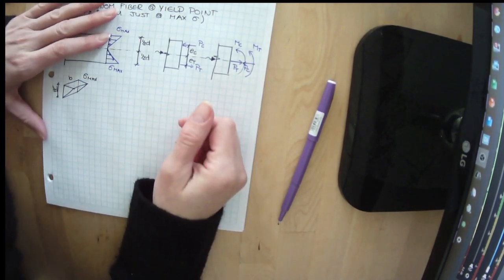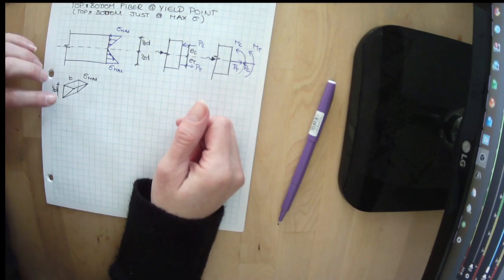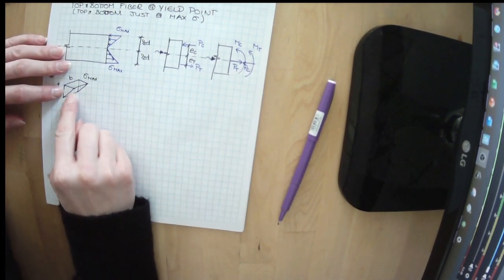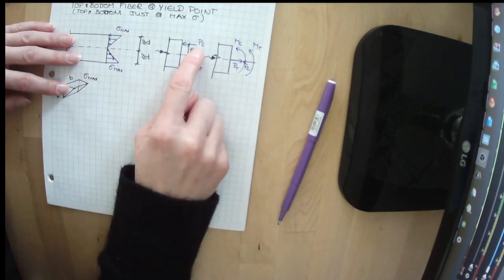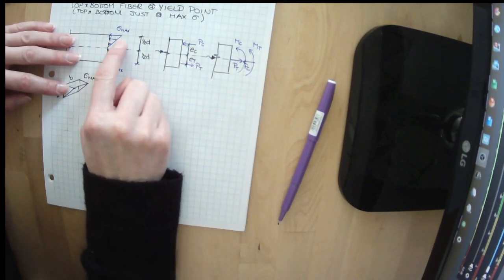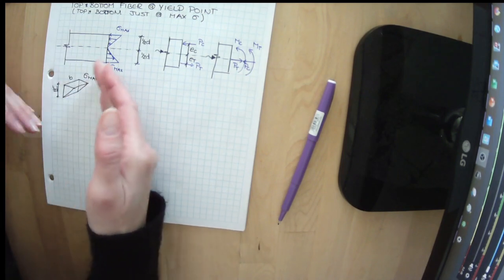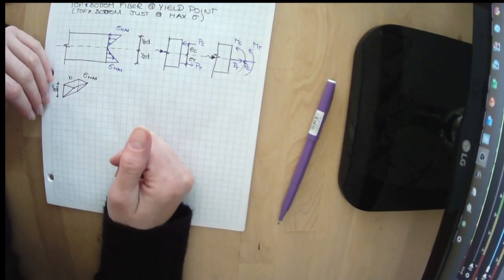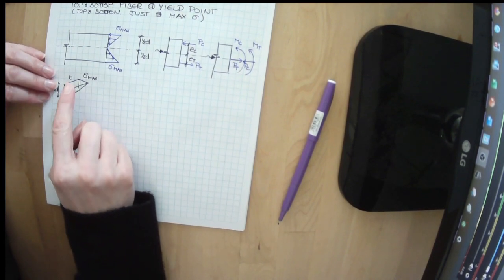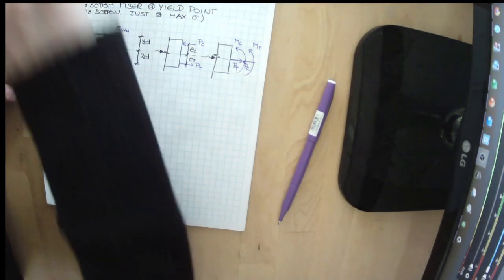What we have is we want to figure out what PC is and what PT is. So what we're saying is that this PC happened in the centroid of this, but it also happened in the centroid of its width as well, or the halfway point. We want to know, essentially, the total volume of this triangle.